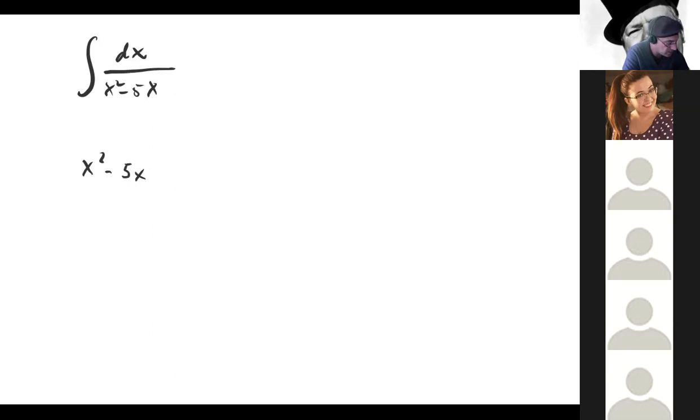So that's negative 5 halves squared, which is 25 quarters. So now I've added 25 quarters to x squared minus 5x. I better subtract it off again. And this becomes x minus 5 halves quantity squared minus 25 quarters.